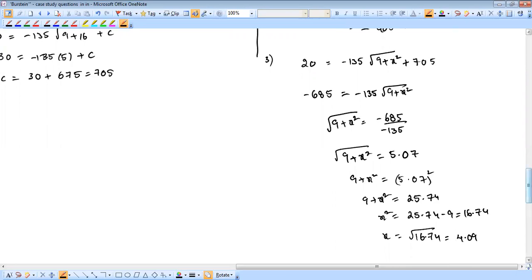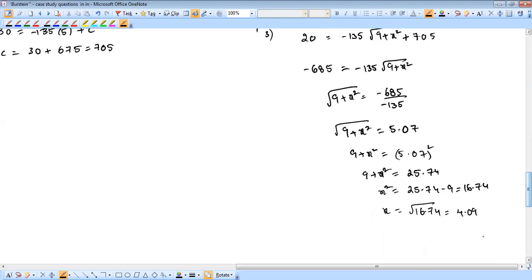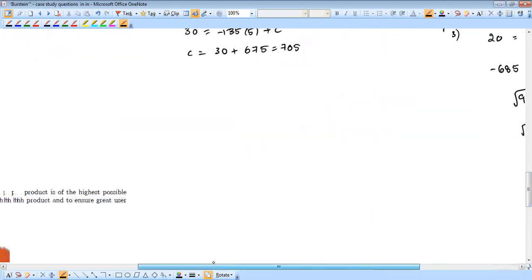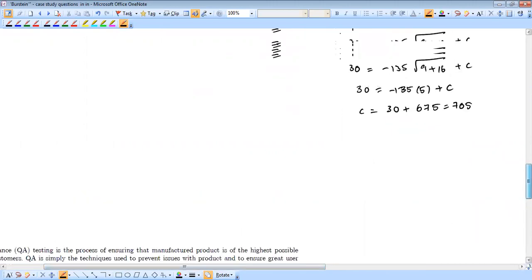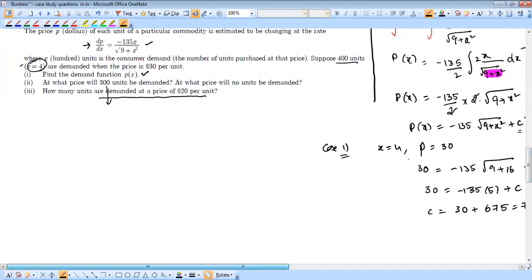Now the question is how many units? We got x value 4.09. Is it 400 units? No, this is not the answer.